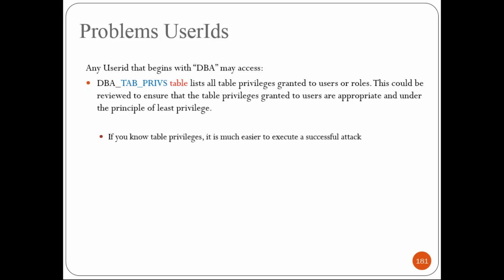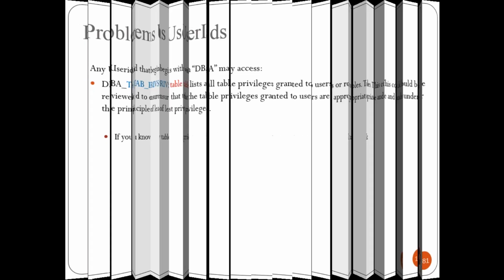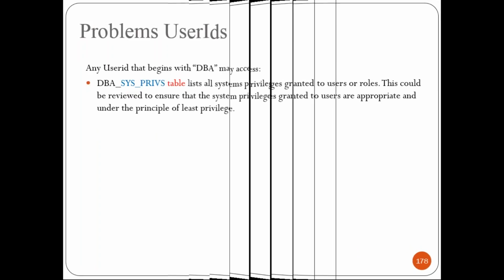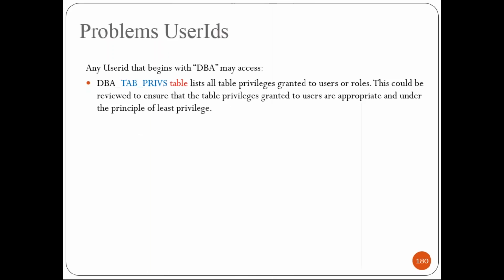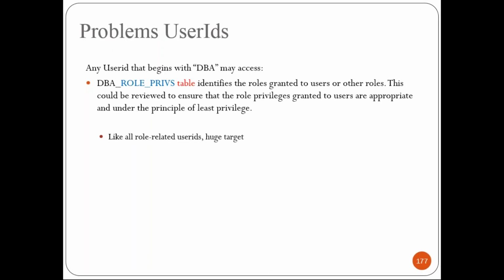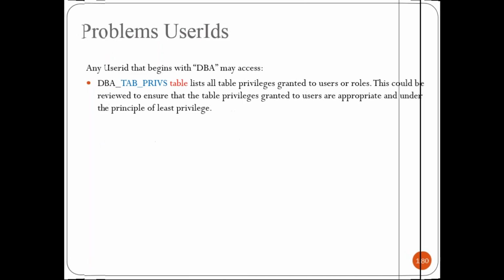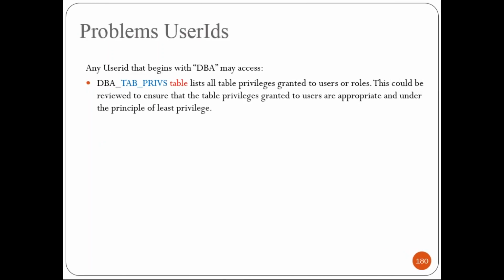But still, what tends to happen to companies, and this is where you get into trouble, is they do a really good job of protecting the system privileges, and a pretty good job of protecting the role privileges. So they do a good job of these high overarching privileges, and then a bad job of protecting the tables, because that's a lot of work.